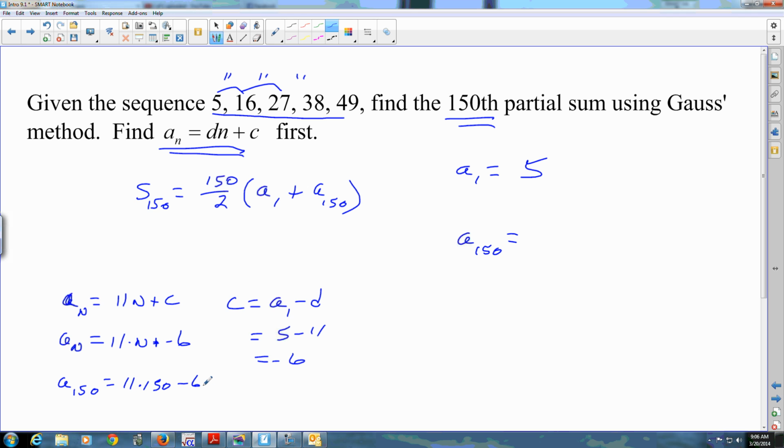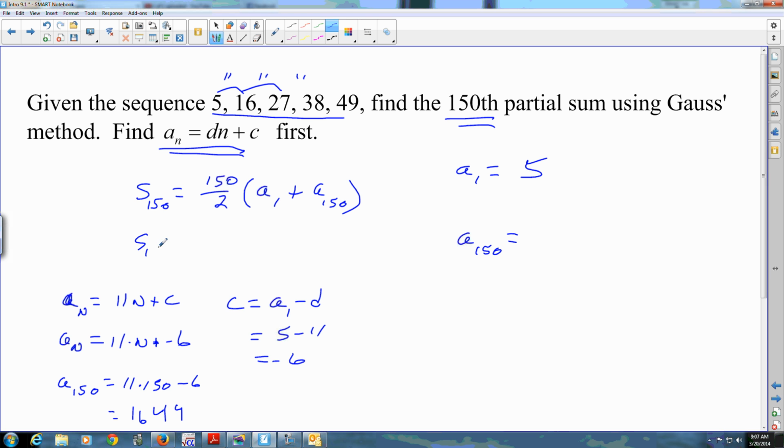All right, so let's see. I did that ahead of time, so let me make sure. You can grab the calculator, look at the notes, do it out. It looks like that's going to give you 1,644. So that's this term.